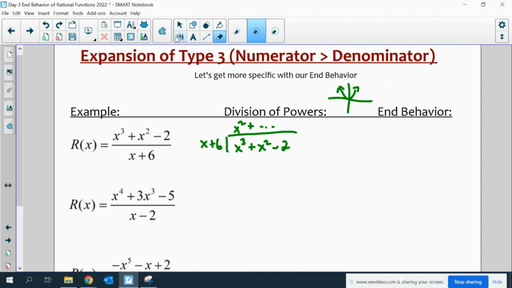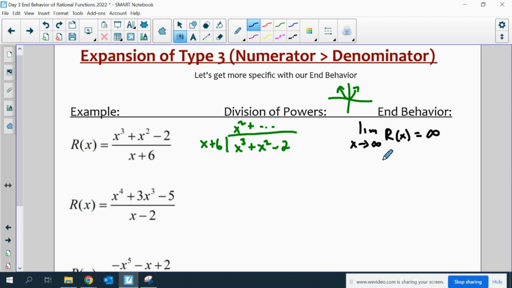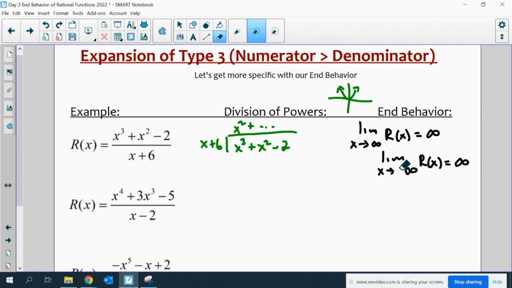So I'm going to start writing it in my new notation now. So the limit as x approaches infinity of r of x equals infinity, or the limit as x approaches negative infinity of r of x is also positive infinity.